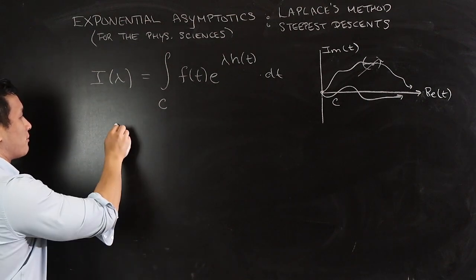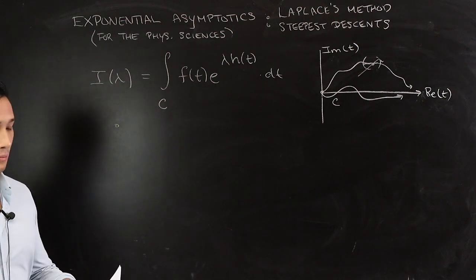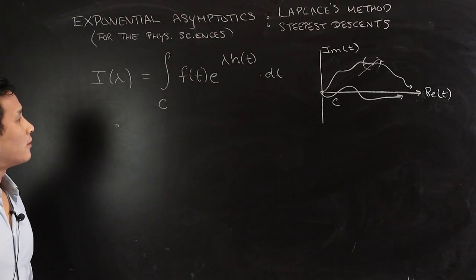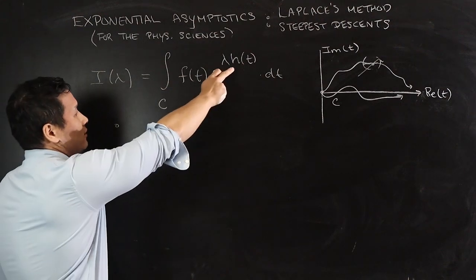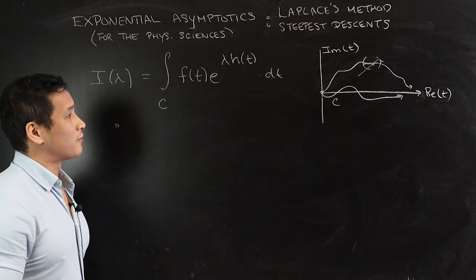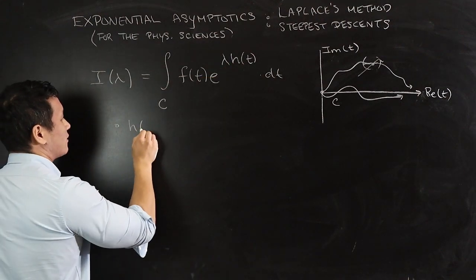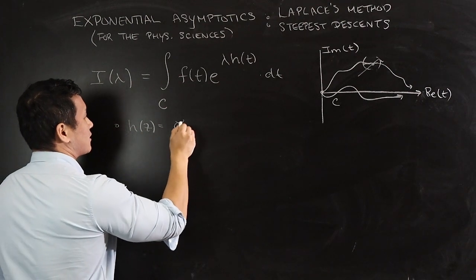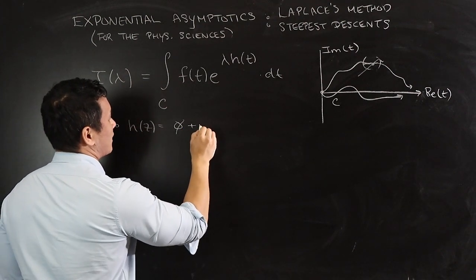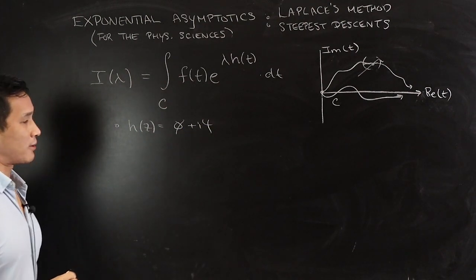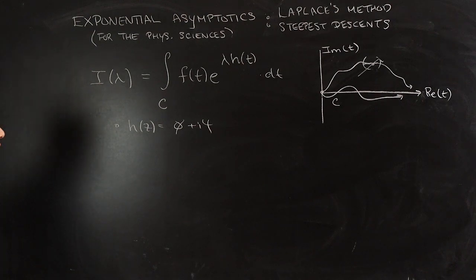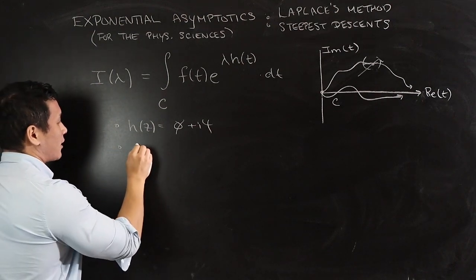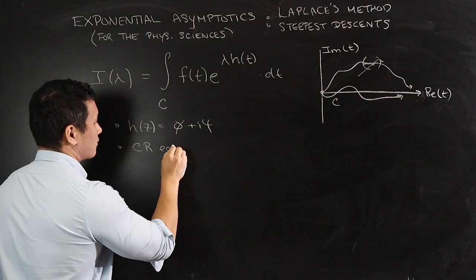Let's do some bullet points of what we know about complex functions. So h of t, or h of z, remember, splits into a phi plus i times psi, the real and complex components of h. And I know that I have the Cauchy-Riemann equations.